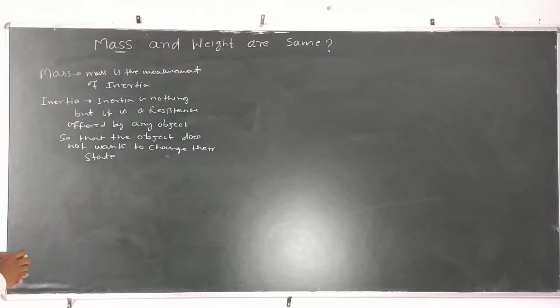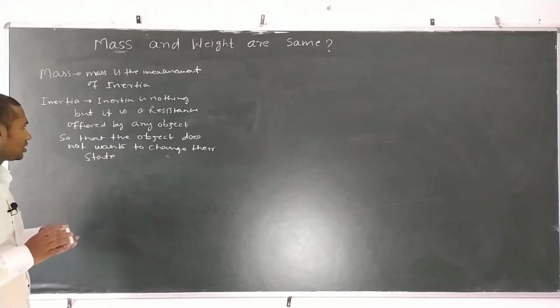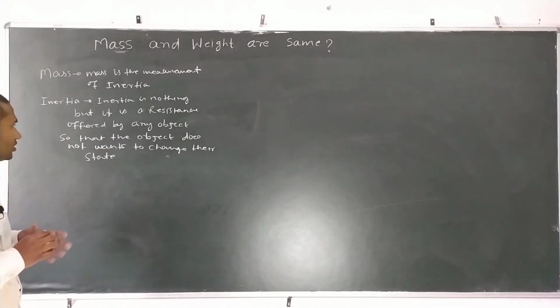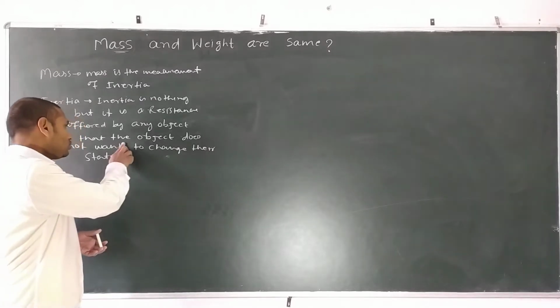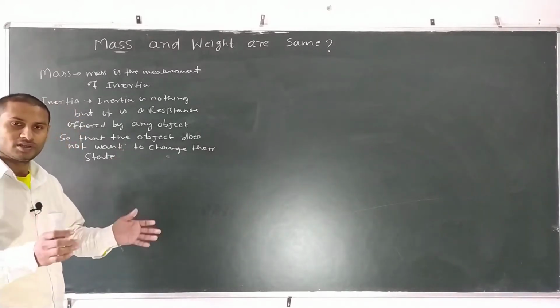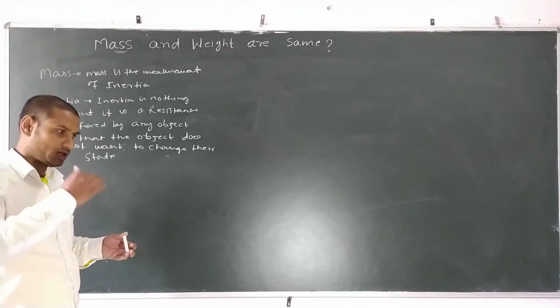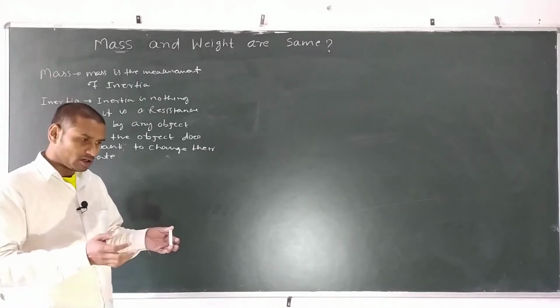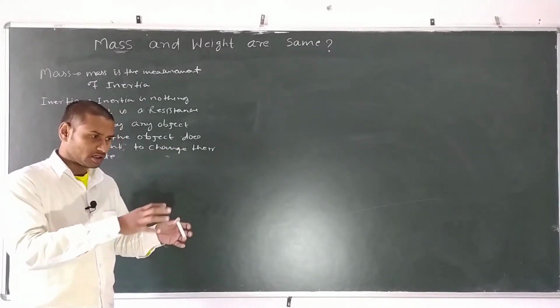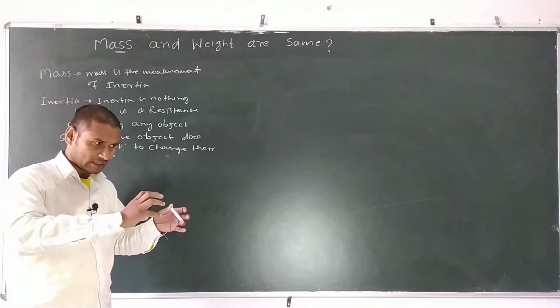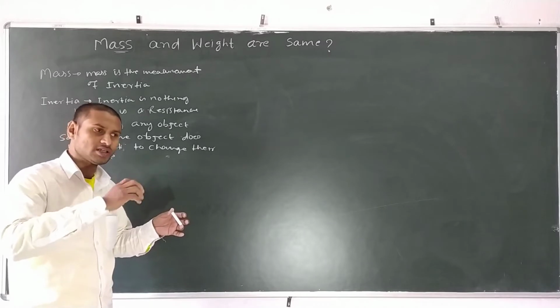Let us see what this means. Inertia is nothing but a resistance offered by any object, so that the object does not want to change its state. If the object is in motion, then it wants to maintain the state of motion, and if the object is at rest, it wants to maintain the state of rest.